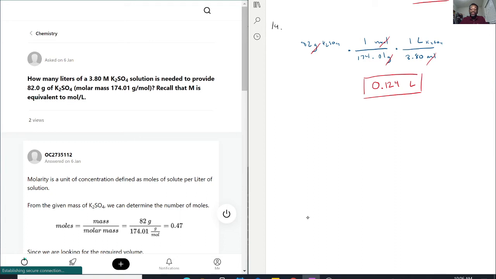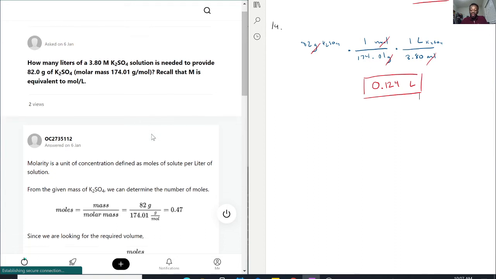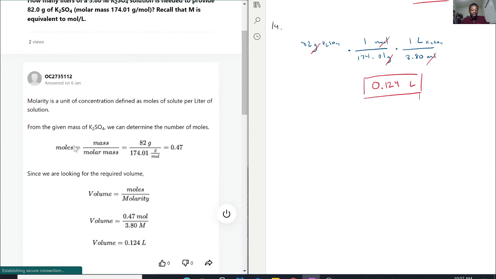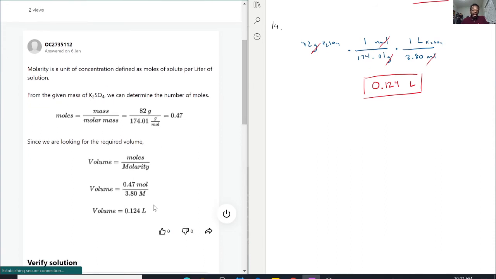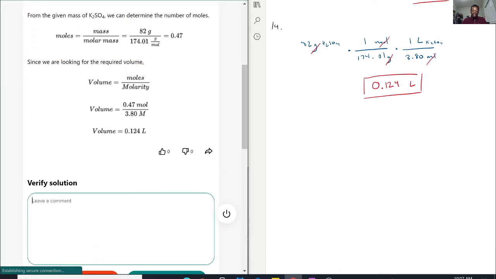Now let's see if we're correct, if we can approach it with this method. We have moles, 82 divided by 174. We do get 0.47 here as a mid-step. And then we just divide the moles by the molarity, and we do indeed get 0.124. So with that being said, this is correct.